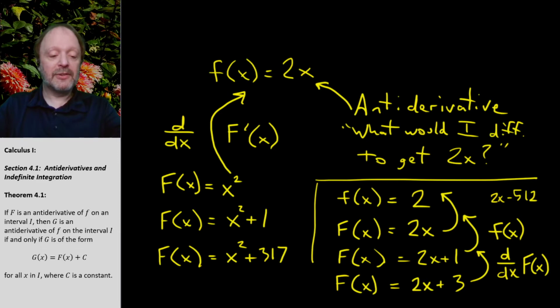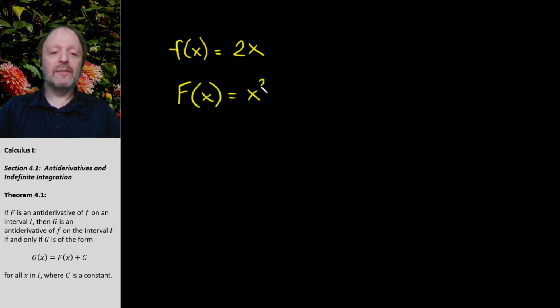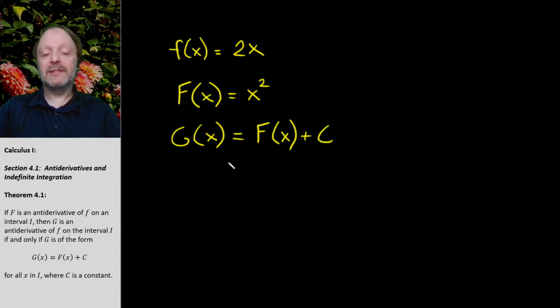Let me go ahead and clear this, and then I will work through that. It's not bad at all once you work through it. It's just very poorly worded, in my opinion. So basically it says I have some f of x, maybe 2x, and then I have some capital F. It says that G is an antiderivative of f if it is the same as capital F plus some constant.